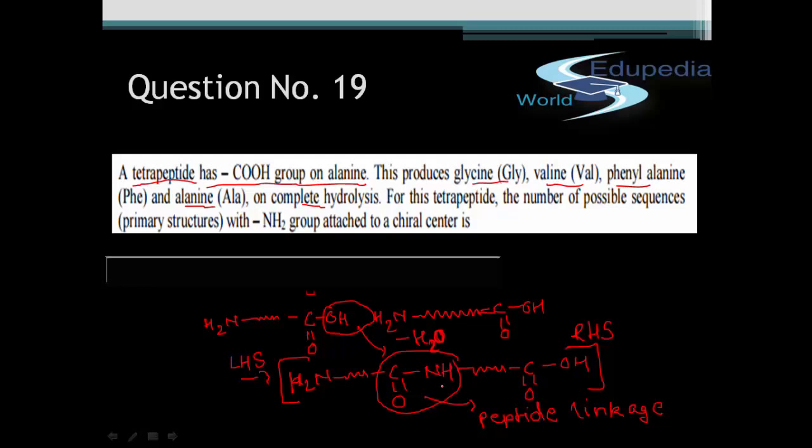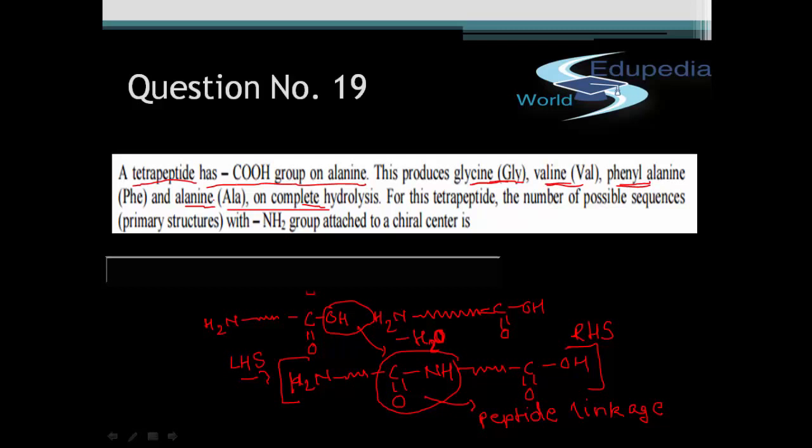What I have shown you is the association of 2 amino acids, giving a single peptide. In a tetrapeptide there would be 4 such amino acids joined to each other, and those 4 amino acids in the question have been given as glycine, valine, phenylalanine and alanine.